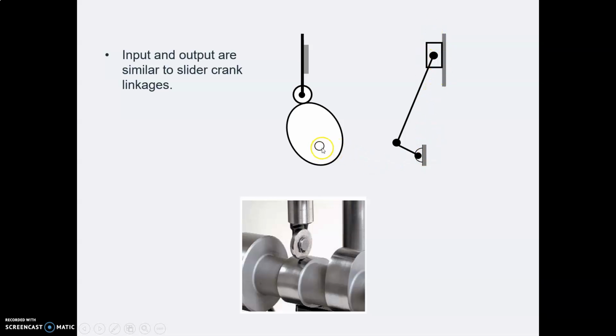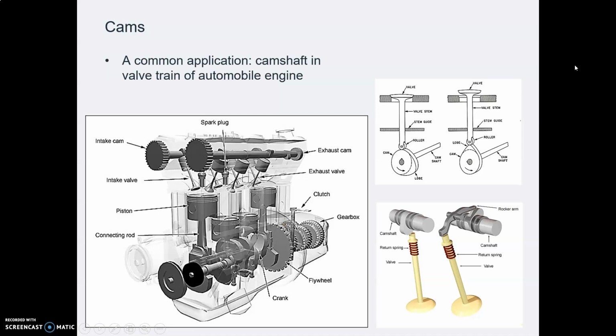You might notice that the motion of a crank and follower is really similar to the motion of a crank and slider. Okay, it's a different shape, but it's the same sort of thing. The cam is like a crank turning around, and the follower is akin to a slider in its linear motion.